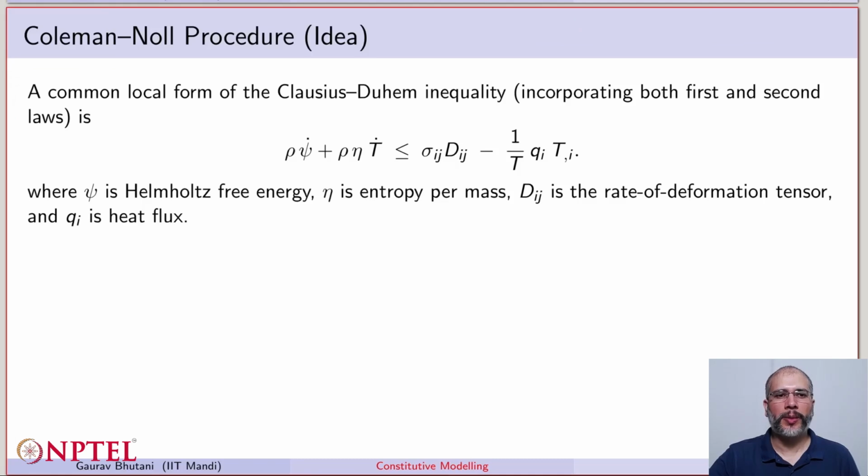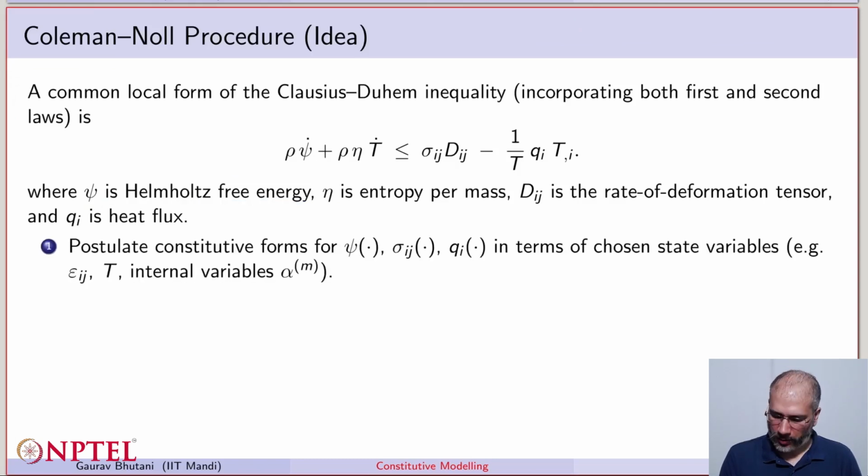So first we pick up a form of the Clausius-Duhem inequality that we have stated here. This form is based on the Helmholtz free energy psi, which is obtained from the standard form of the Clausius-Duhem inequality by combining that with the first law of thermodynamics.